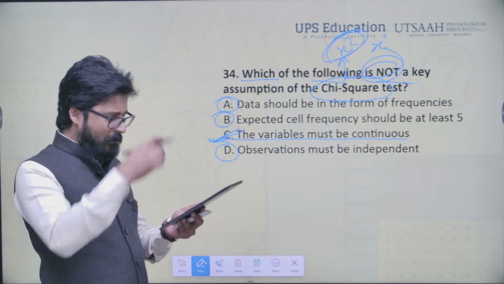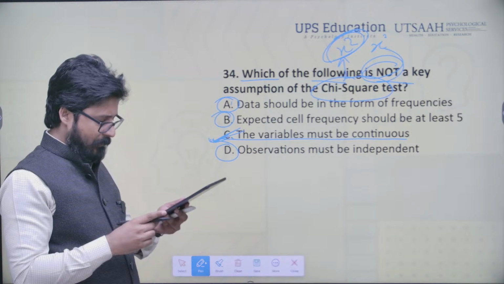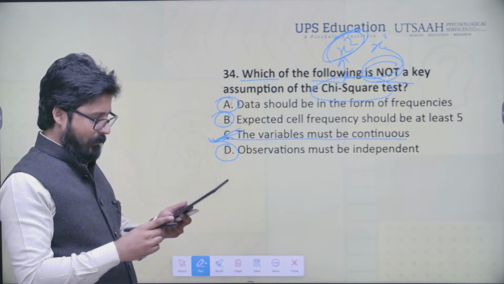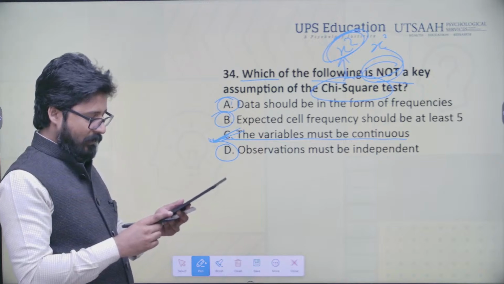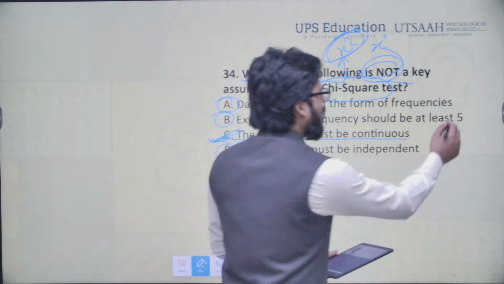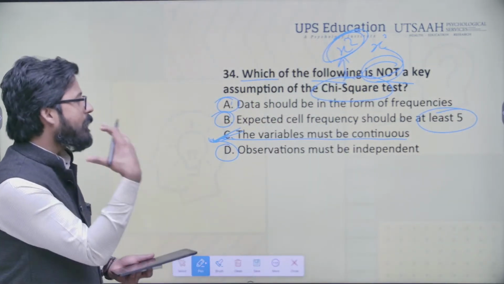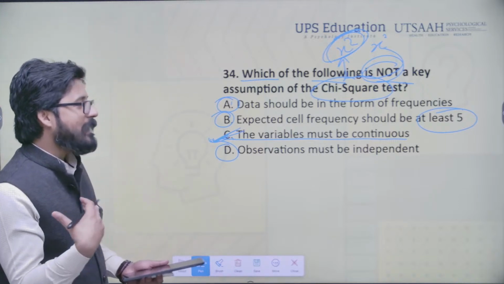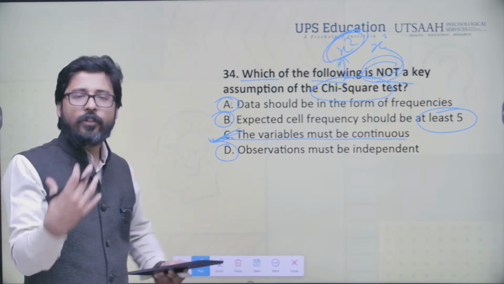Okay, Nikki mentioning, but sir, I have seen in problems that expected frequency less than 5, then how is it incorrect? Basically, that is not the parameter. What I mean to say is, only on the basis of this, that my expected cell frequency is less than 5 or more than 5, we cannot choose chi-square.